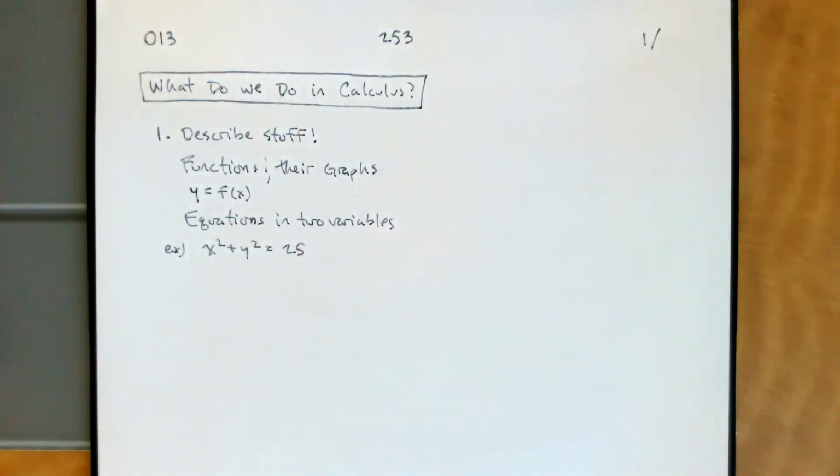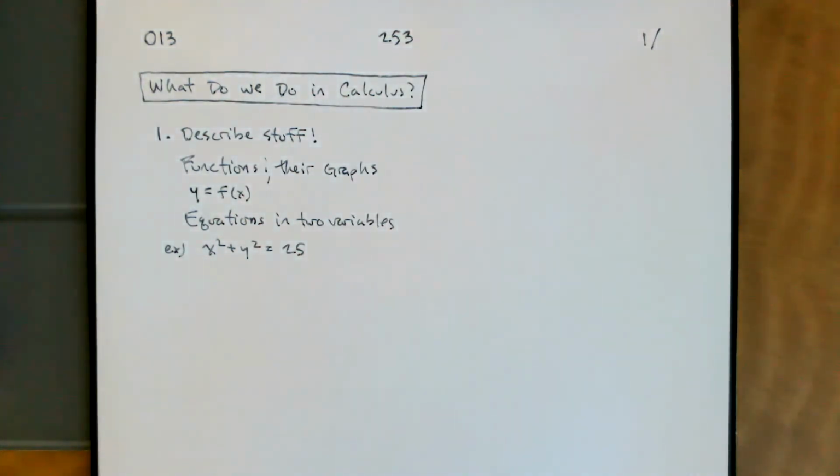The other way that we describe stuff, although we do very little of this in Calc 1 and Calc 2, which is going to be more important now, is to describe a curve in space with parameters.